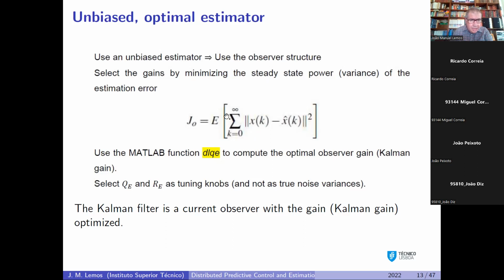There is a term missing here, there is one divide here, but this is essentially the power of the error. I want to select my X hat such that this power is minimized, okay? And this gives me an equation or a procedure to compute the gain of the observer, that KO. I'm not going to show the equations now, but before the end of this lecture, we will see.